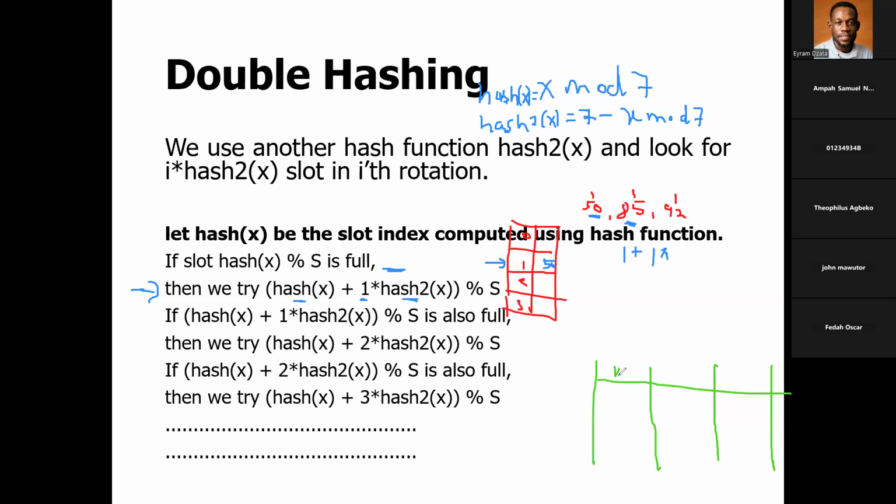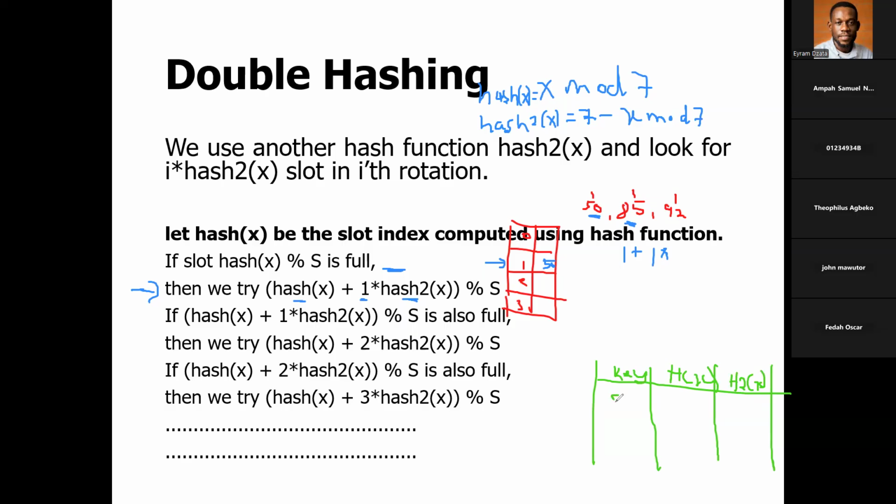We have our key here, our hash of x here, and our hash 2 of x.